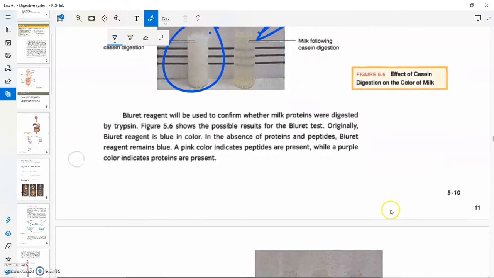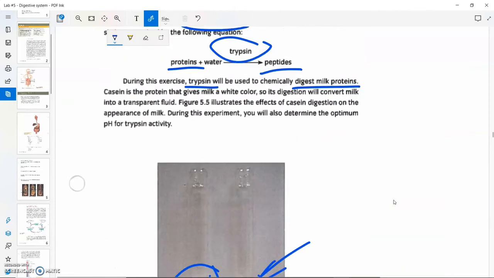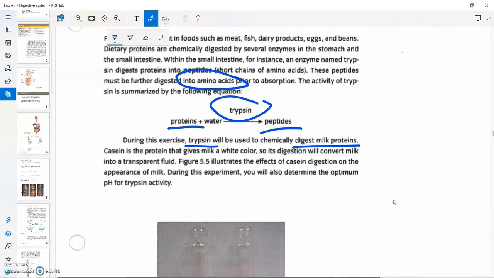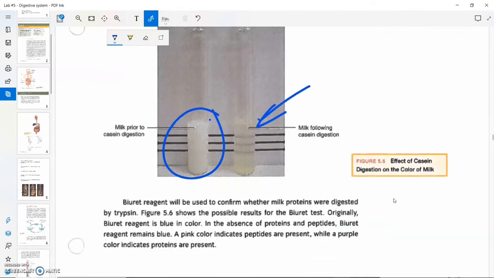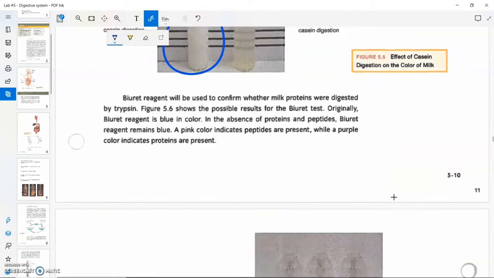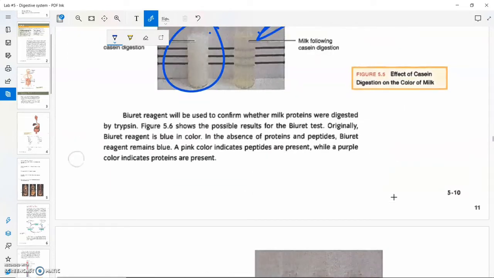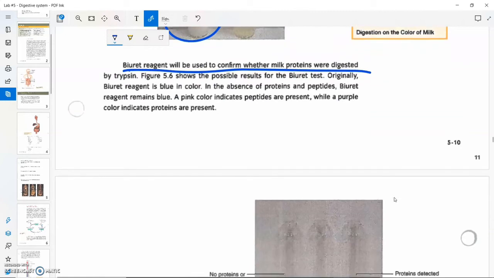So here we're going to look at the role of pH in the activity of trypsin, and trypsin is found in the small intestine where pH is 8, so we're going to look at different pH. And we're going to use special reagent, all in quotation marks, that will be used to confirm that milk proteins were actually digested by trypsin.